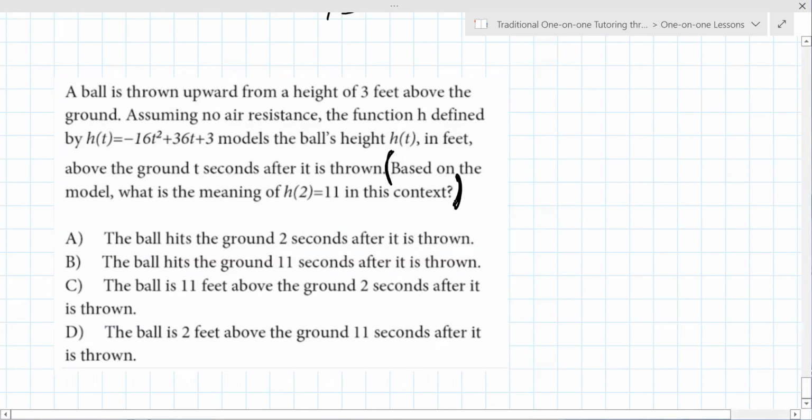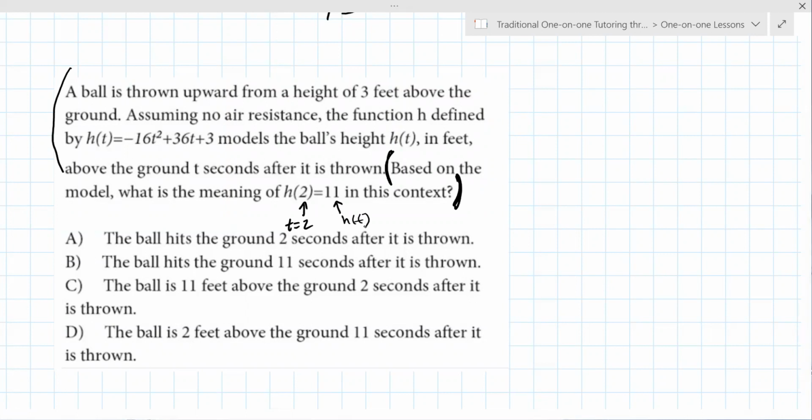Based on the model, what is the meaning of h of 2 equals 11 in this context? So that means that t is 2 and 11 is something else. So now you go back and you read this and you figure out what t is or what the 11 is, which is really h of t, like what they mean physically in the problem.